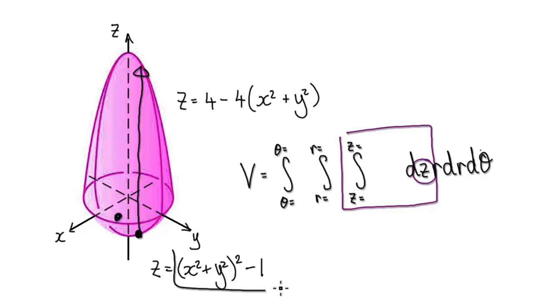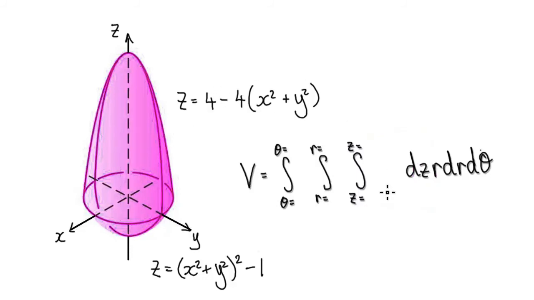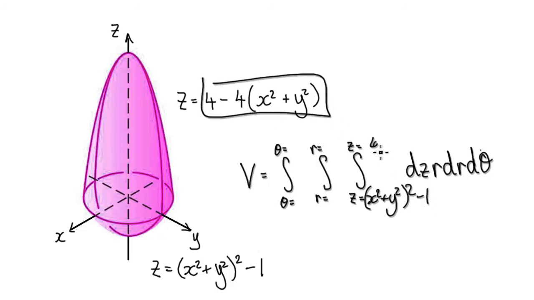So really we need to start at this surface, which is (x squared plus y squared) all squared minus 1, and then stop at this thing here, 4 minus 4 times (x squared plus y squared).